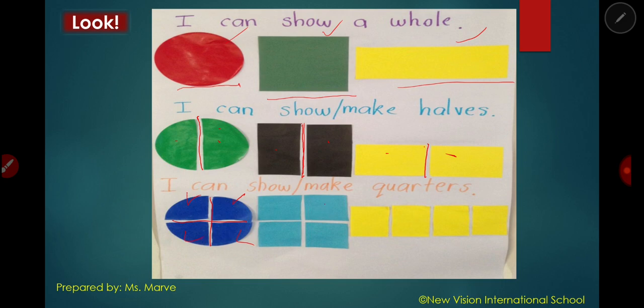This is also another one of a whole, another one of a whole, another one of a whole. Put it together, it becomes a whole square. And this one are just the pieces. This is 1 piece out of 4. So this is a 1/4, a 1/4, a 1/4, and a 1/4. And it makes a whole rectangle.